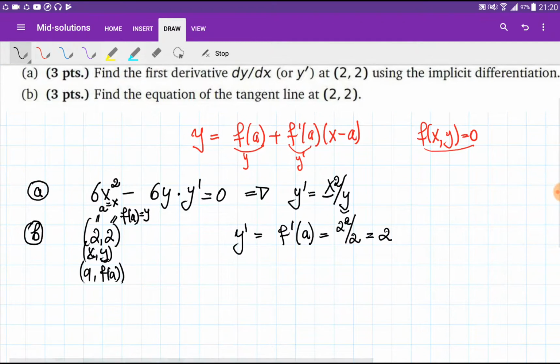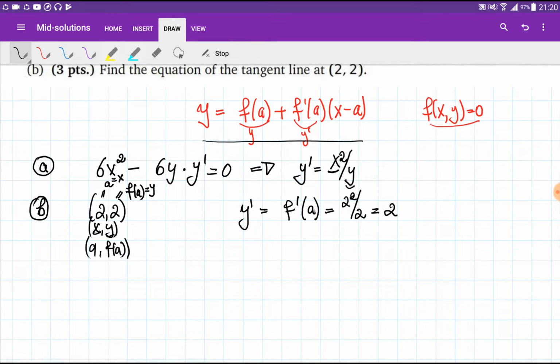Now we need to put everything into this equation in red in order to find the equation of the tangent line. So the equation of the tangent line is y equal to f of a, which is y, equal to 2, plus f prime of a, which is y prime at this point a, which is also equal to 2, multiplied by x minus a, which is also equal to 2.